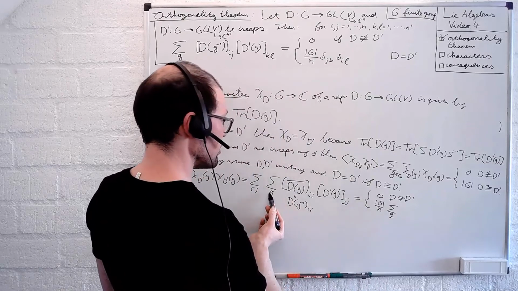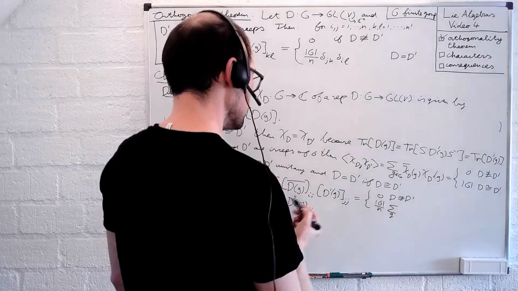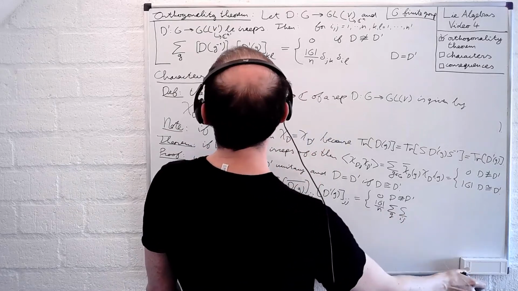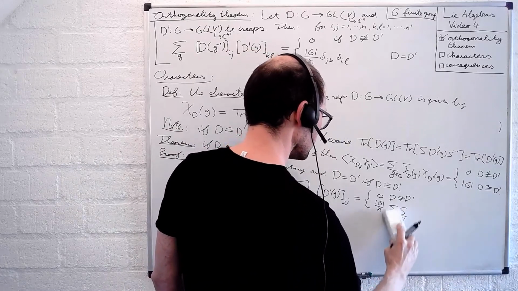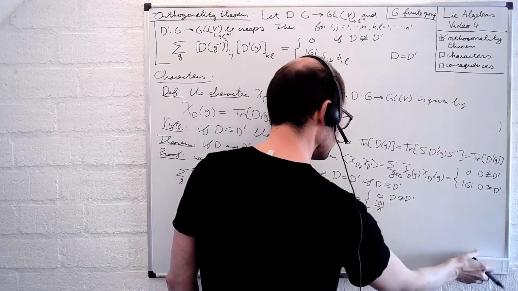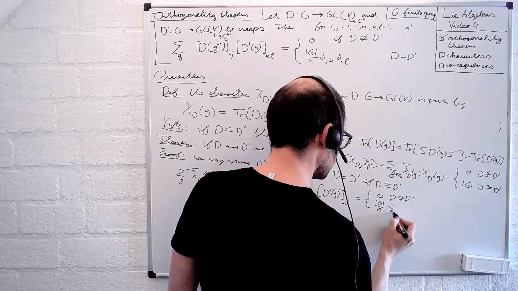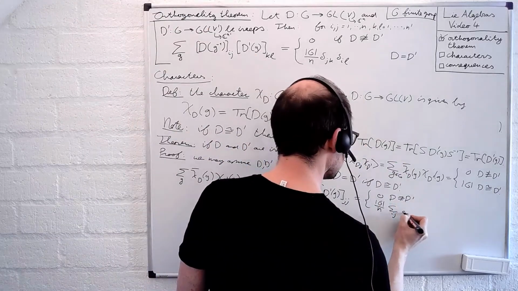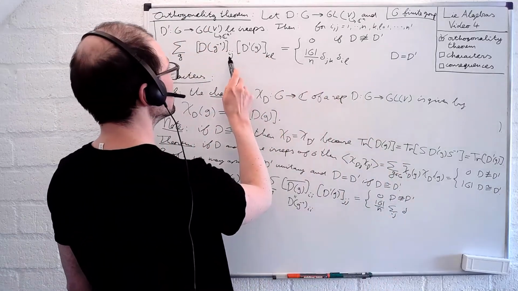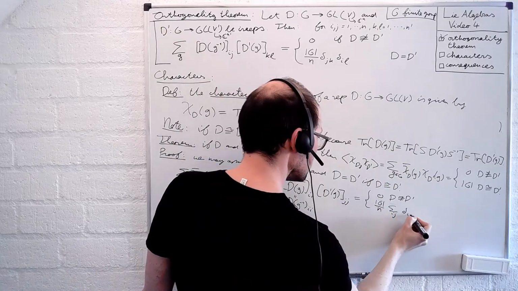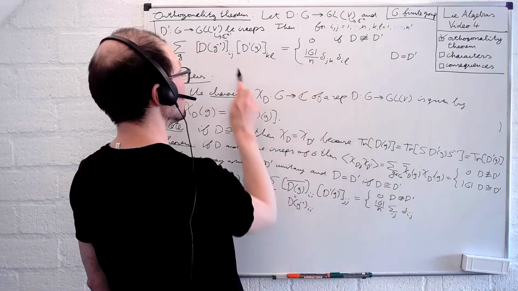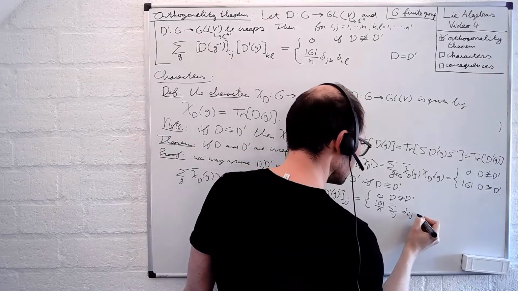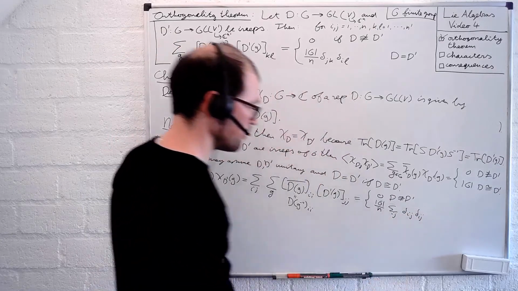I still have a sum over i and j, not a sum over the group, sorry, of delta jk, so that is ij, and delta il, so the first and last index, is also ij, delta ij.